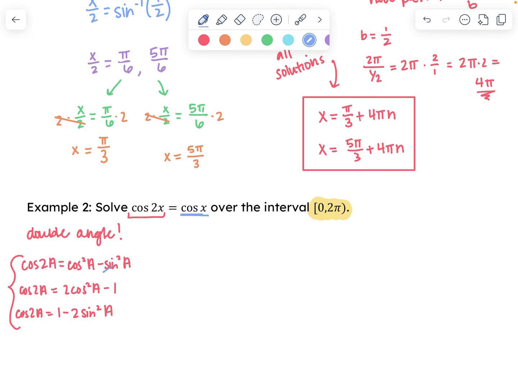The one with cosine squared minus sine squared and the one with 1 minus 2 sine squared are not really what I want to do. I really just want the one that's got the cosine squared. So that's what I'm going to use here. I'm going to say 2 cosine squared of x minus 1 is going to equal cosine x.